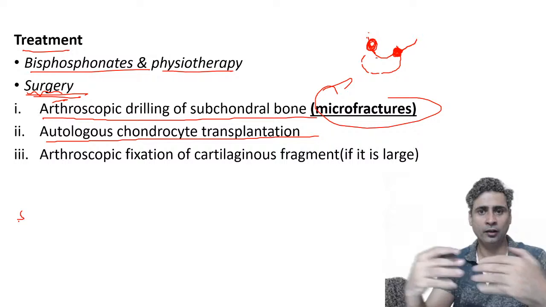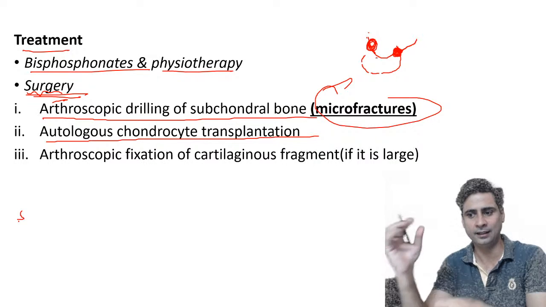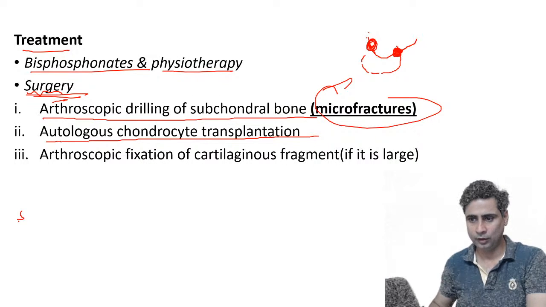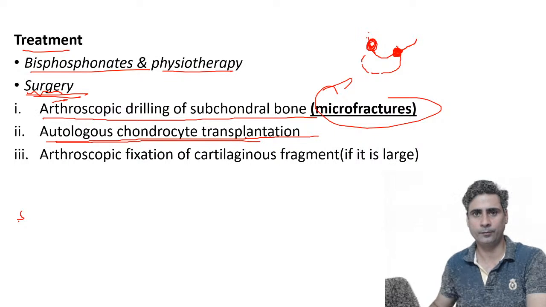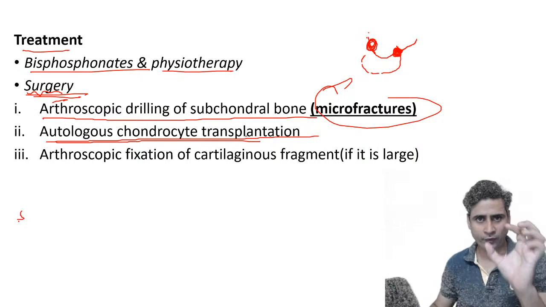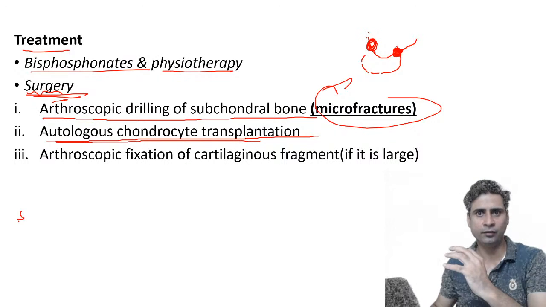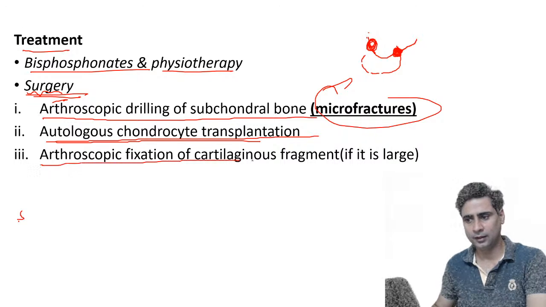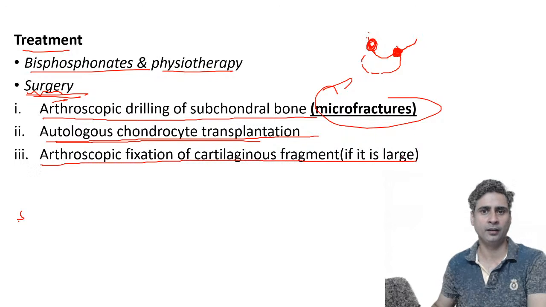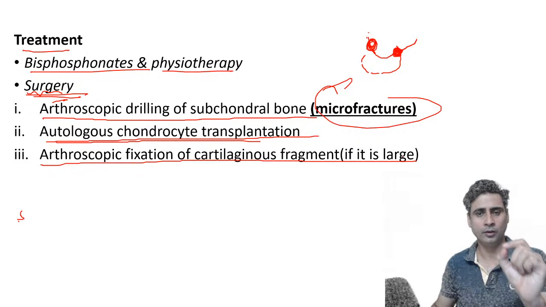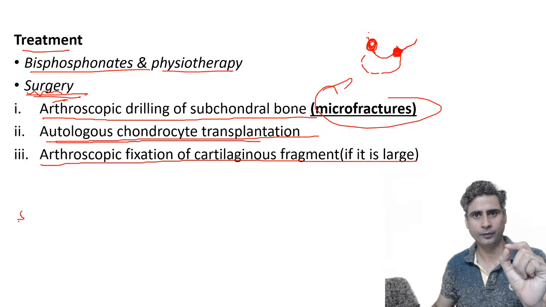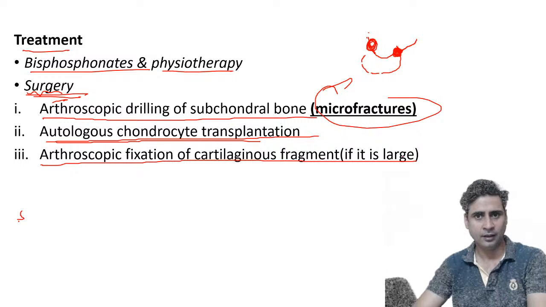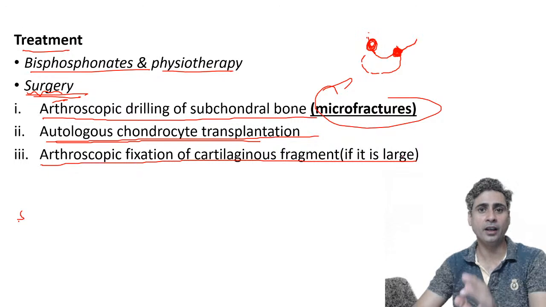They will proliferate to form normal hyaline cartilage. If that particular fragment of cartilage and subchondral bone is very large, which is separated from the subchondral bone, we can refix that large fragment with the help of a screw known as a Herbert screw. So these are the surgeries which can be used whenever indicated.